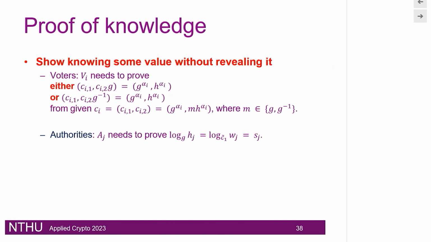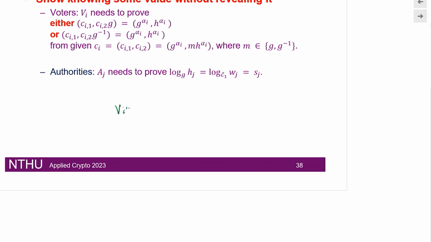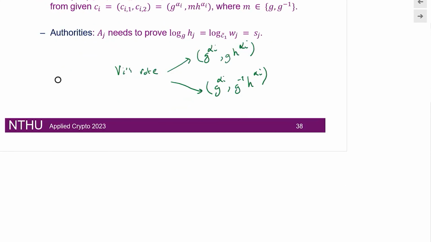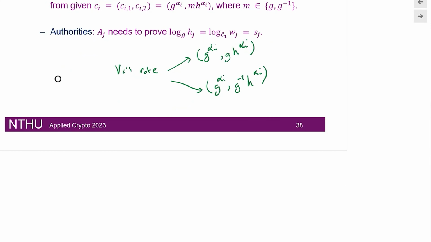We said that the voter Vi can vote either for g to the alpha i and h to the alpha i times g, or he votes for g to the alpha i and h to the alpha i times g to the minus 1. So he needs to prove that his vote is one of these two cases, but not anything else.